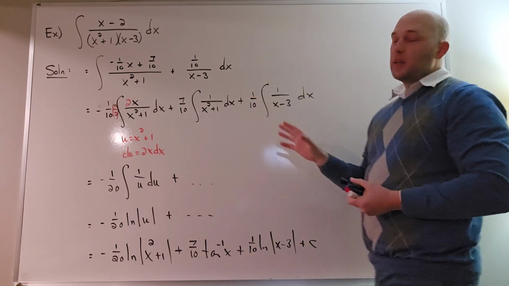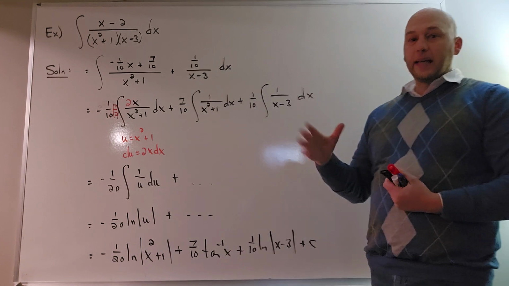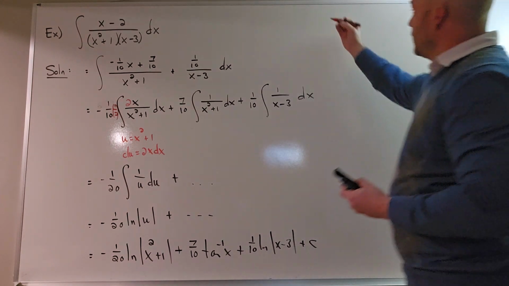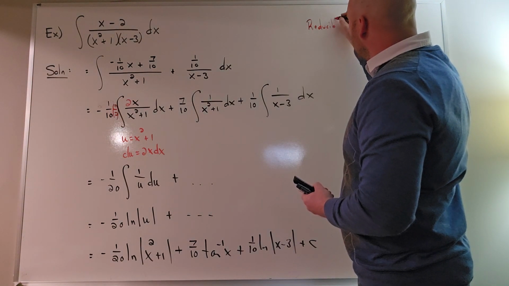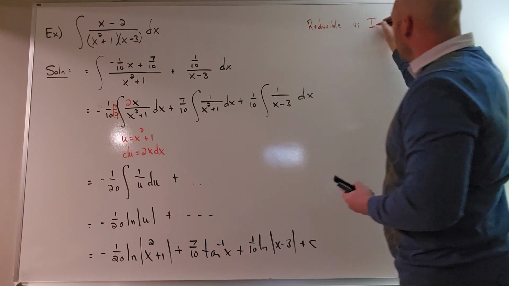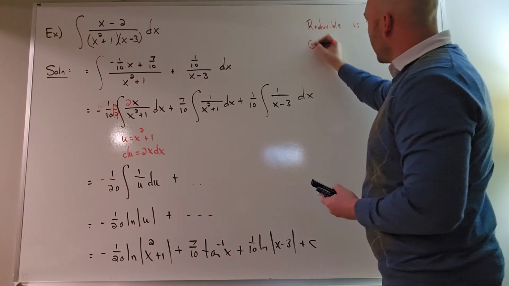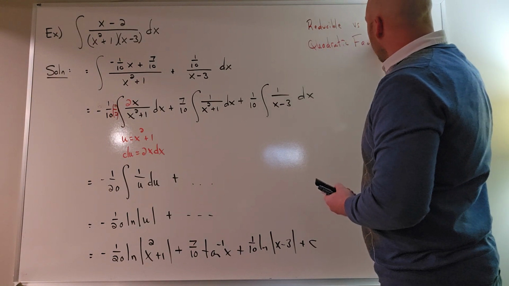And that reminds me, I did mention earlier that I was going to discuss what we meant by irreducible quadratic factors. All right, so just really quickly here, reducible versus irreducible quadratic factors.